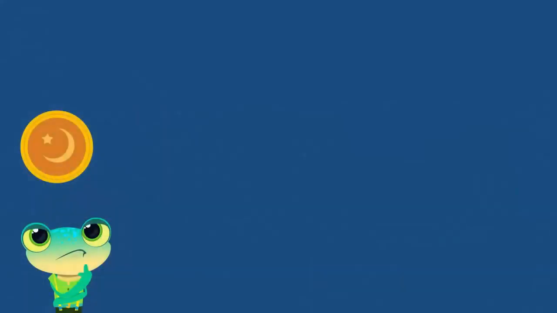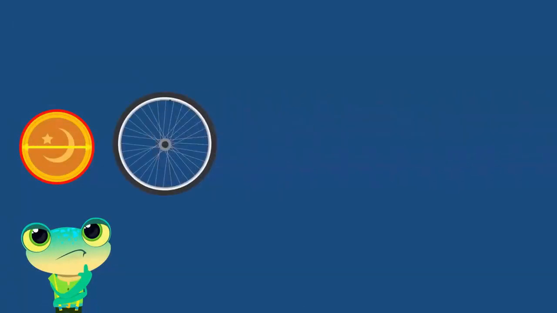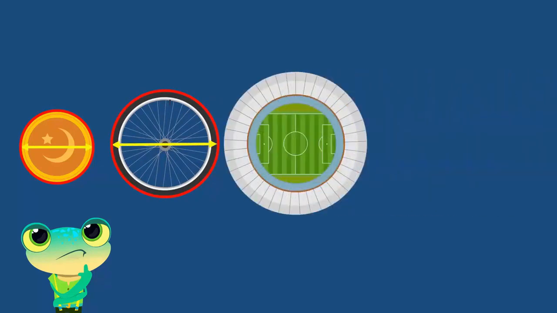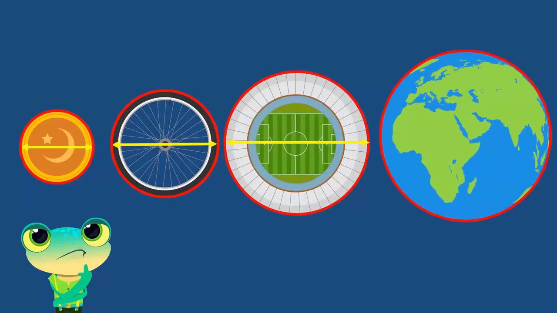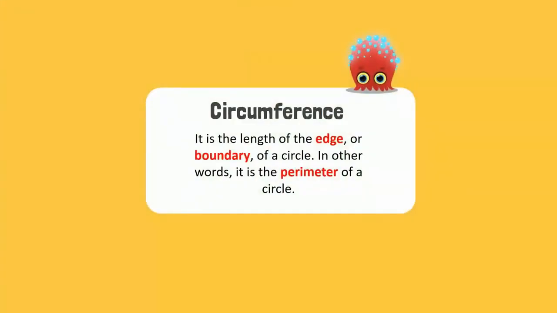What do we get when we divide the circumference of this coin by its diameter? What about this wheel's circumference and diameter? Or this stadium? Or the earth? Recall that the circumference of a circle is the length of the edge or boundary of a circle.